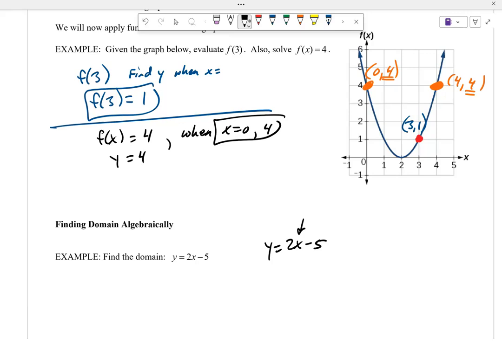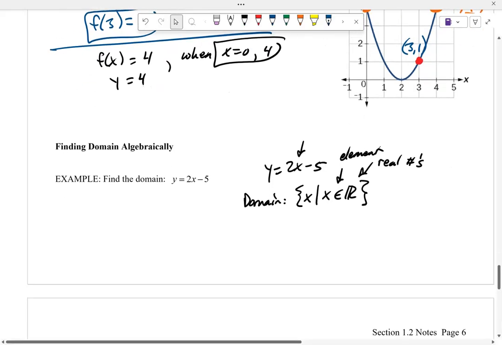So the domain of this y equals 2x minus 5, if I want to put it in set notation, is x such that x can be any real number. Element of all real numbers. That's my domain. I have no restrictions on this.